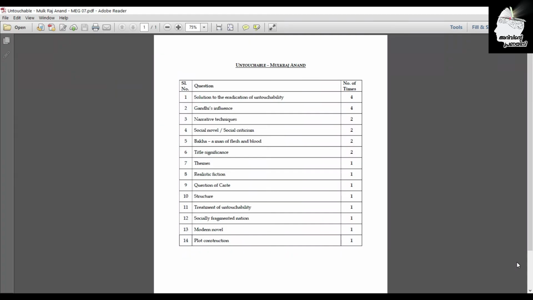Now it is time to discuss the most important question, Untouchable. Mulk Raj Anand's Untouchable is a must, and you have to go through all of these 14 questions, which have been asked from 2008 to December 2019.